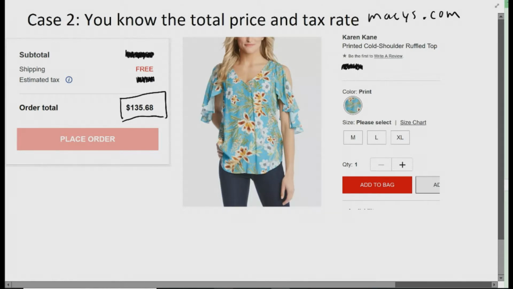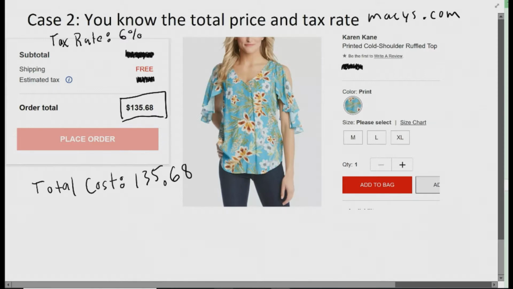In this case, we know that the total cost is $135.68. But it doesn't tell our tax rate. However, I'm going to be supplying that information. The tax rate is going to be 6%.